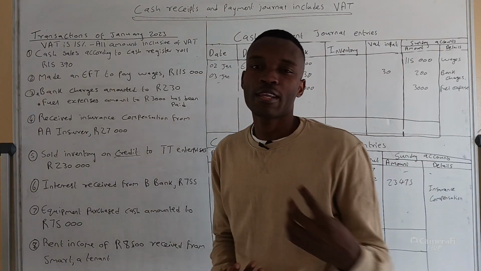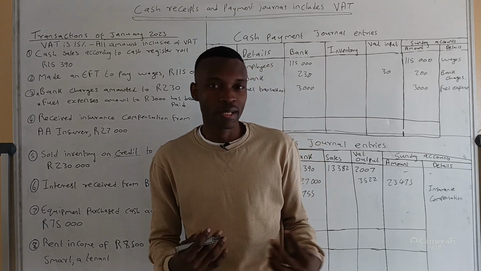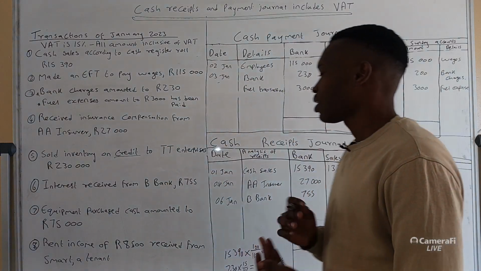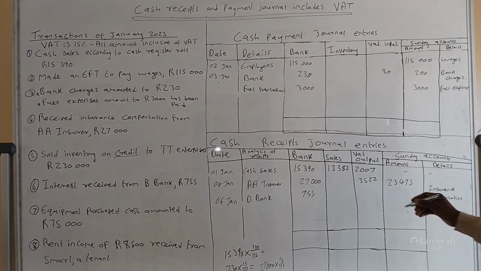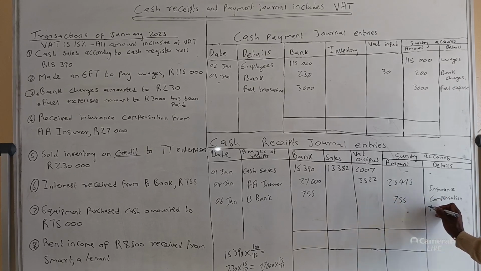They are trying to encourage people to do fixed deposits into the banks. So there is no VAT for interest, which means that this amount is going as it is, 755, as interest income. Simple as that.